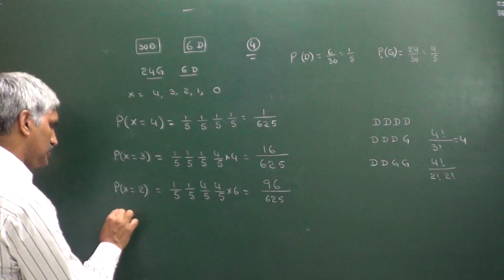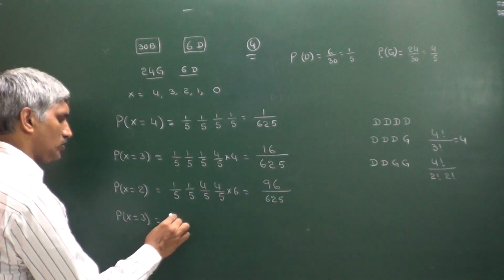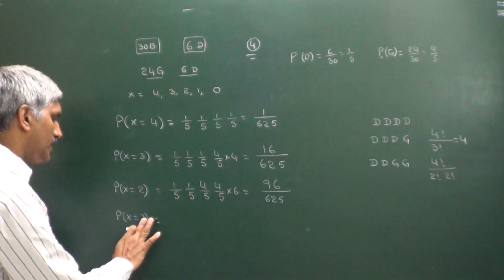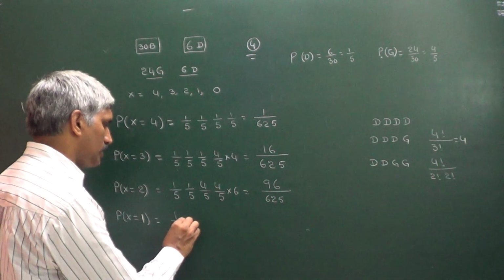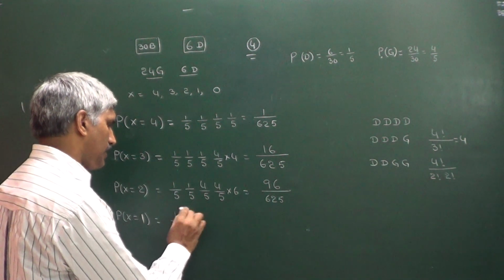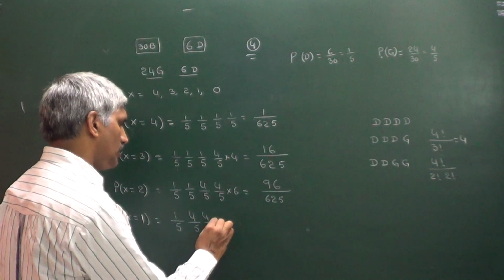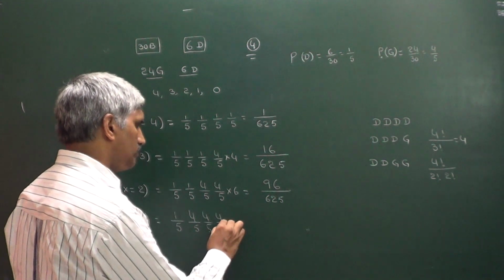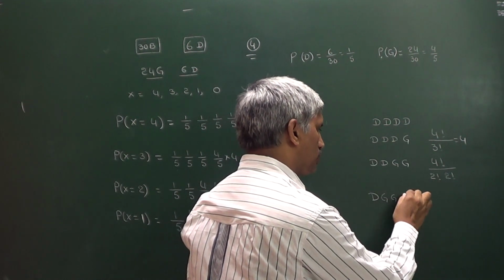Next case: P of X is equal to 3. Number of defective bulbs is equal to 1. That's why 1 by 5, next we will get 4 by 5, again 4 by 5. This is the case: defective, good, good, good.